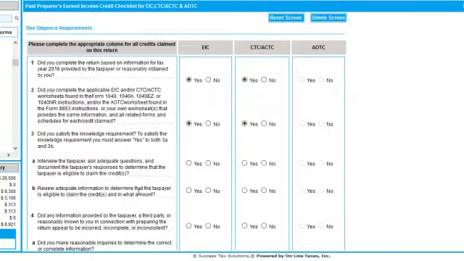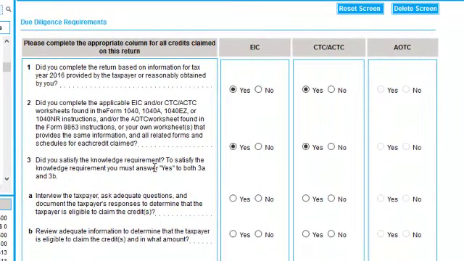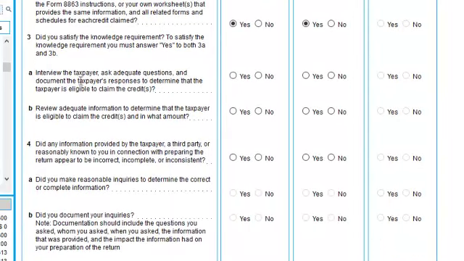Child tax credit. Did you satisfy the knowledge requirement? To satisfy the knowledge requirement, you must answer yes to both 3A and B. Interview the taxpayer.